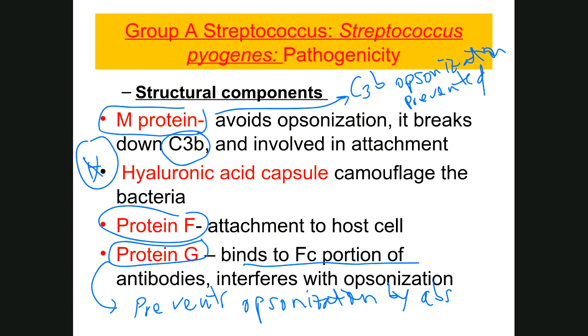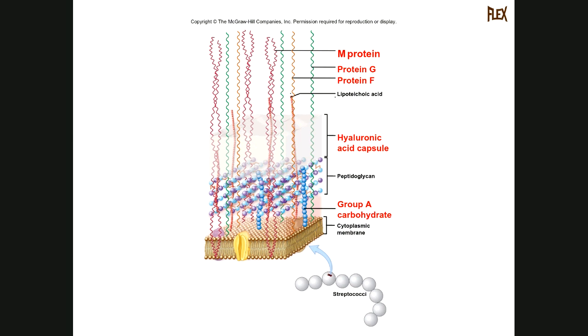So by doing this, the immune system looks at the capsule and it doesn't see it as foreign and therefore is not going to attack it. So it's a way for the organism to hide inside a capsule. And again, there's just one strain that has been found with that feature.